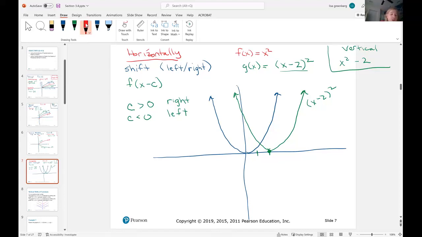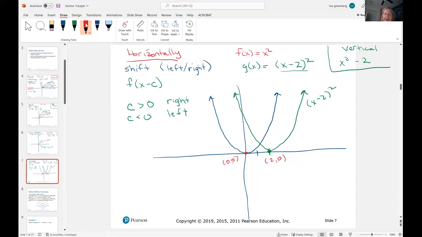Most people don't understand why it would do that, so let me just show you. This point right here, we know is 0, 0, and we want it to go to 2, 0, right? We're not changing the y values. We're changing the x values because we're doing this horizontally.